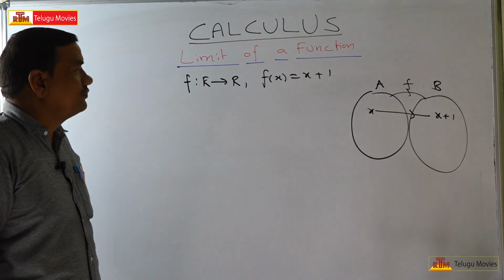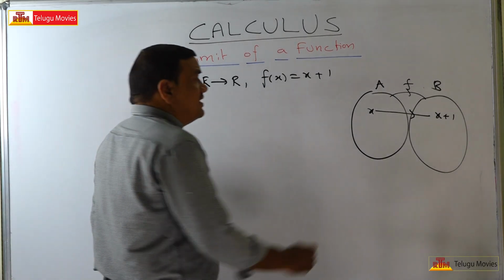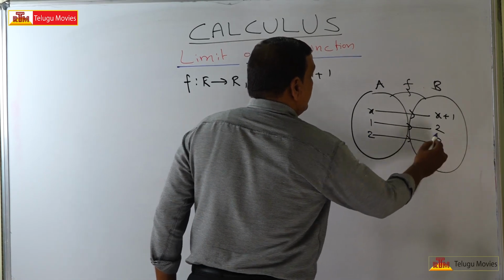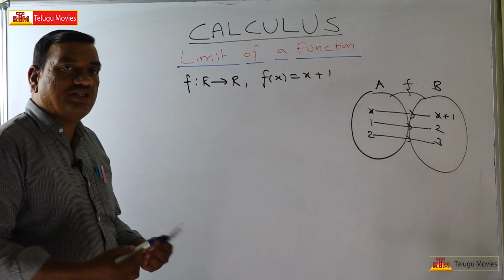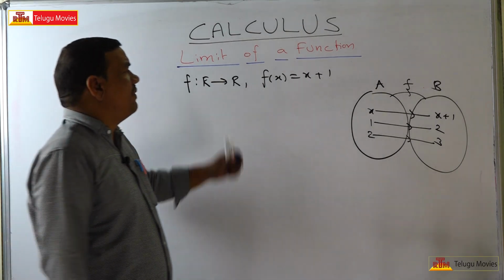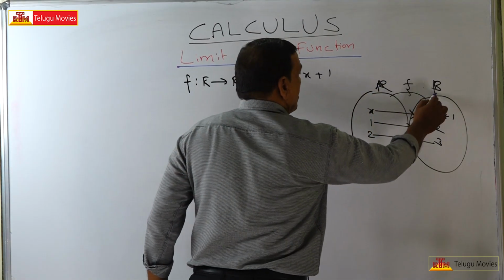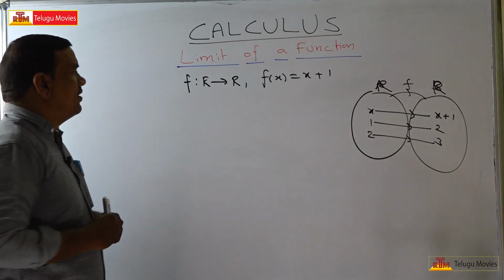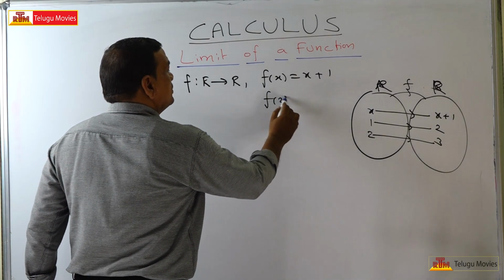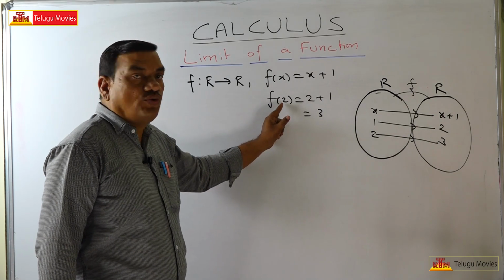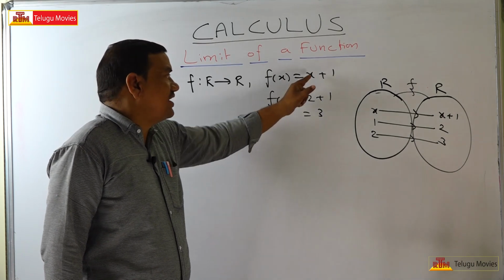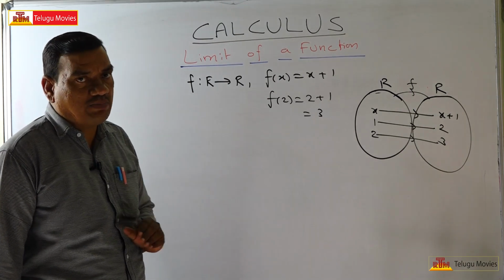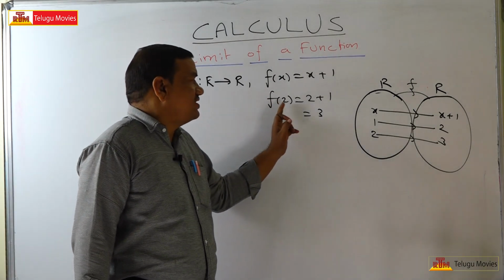What is the image of 1? It is 2. What is the image of 2? It is 3. Clear? So for every element, the function is from R to R. See here, for the function f of x is equal to x plus 1, the image of 2 is 3.